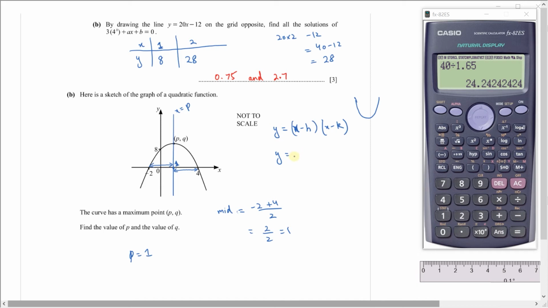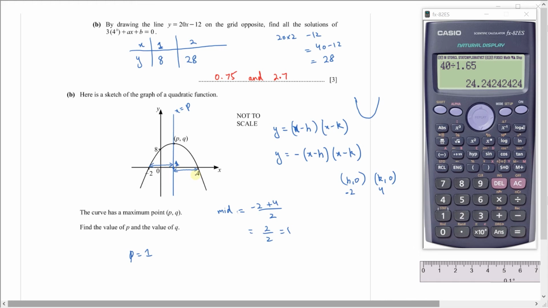I only add a negative sign here: y equals minus (x minus h) into (x minus k), where h and k are the x-intercepts of this curve. So where does this curve intersect the x-axis? Your value of h here is -2 and the value of k here is 4. Basically, the coordinates where this curve passes through the x-axis.